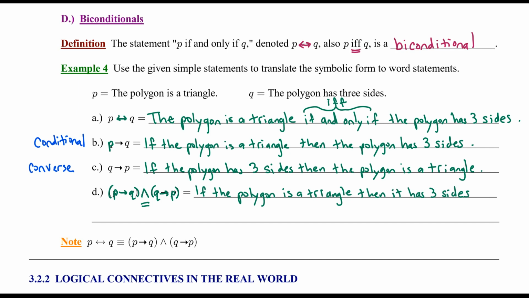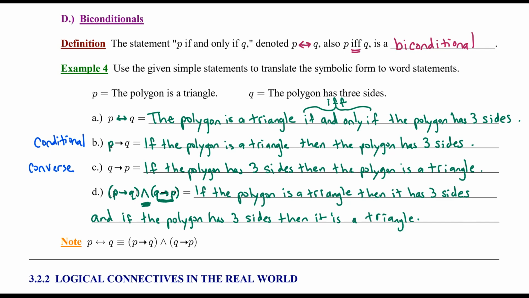Then we translate our conjunction, and this part right here is the converse, if Q then P. If the polygon has 3 sides, then it is a triangle.